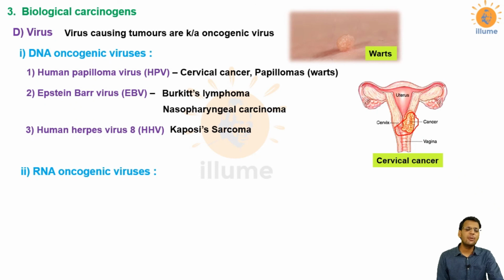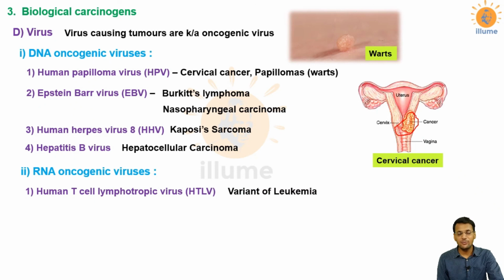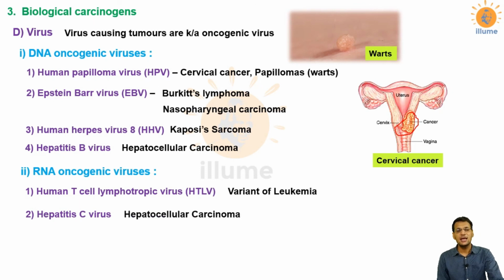We would be discussing all these lymphomas and carcinomas in our next video. Hepatitis B virus, as we discussed earlier, is responsible for hepatocellular carcinoma. In RNA oncogenic viruses, the important one is human T cell lymphotropic virus, which produces a type of leukemia, and the second one is hepatitis C virus, which also causes hepatocellular carcinoma.